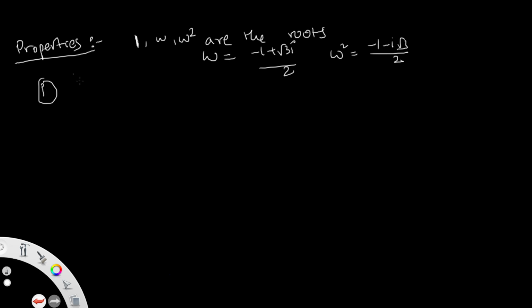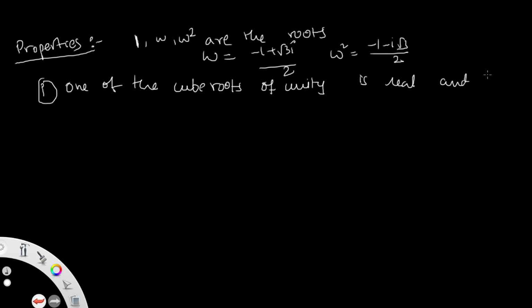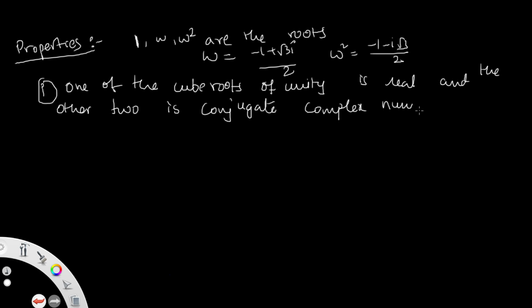We have to write here: one of the cube roots of unity is real, and the other two are conjugate complex numbers.